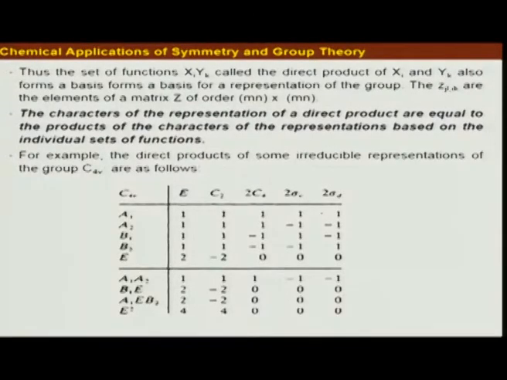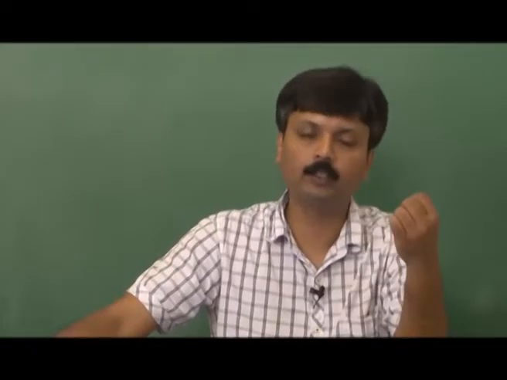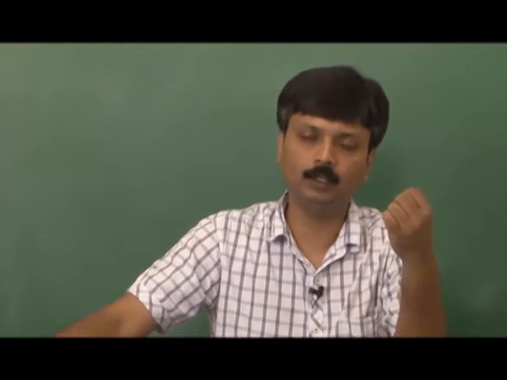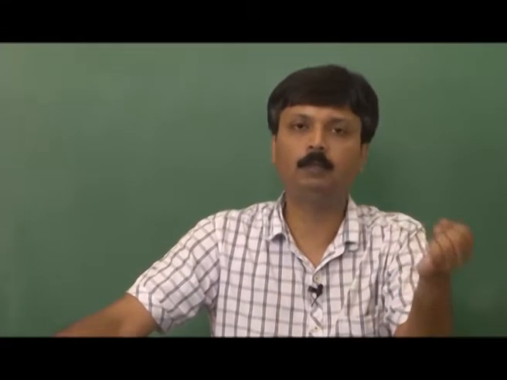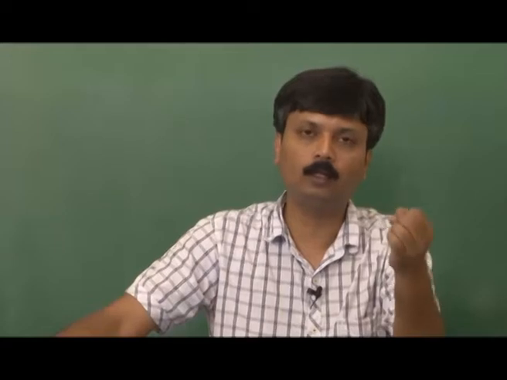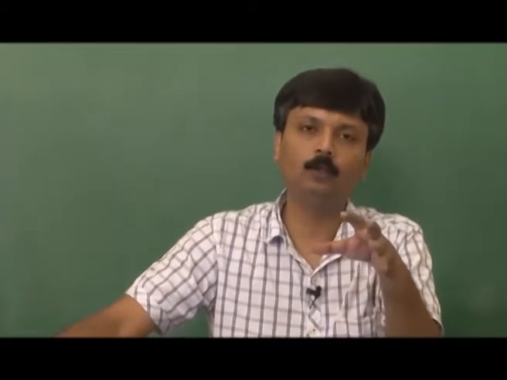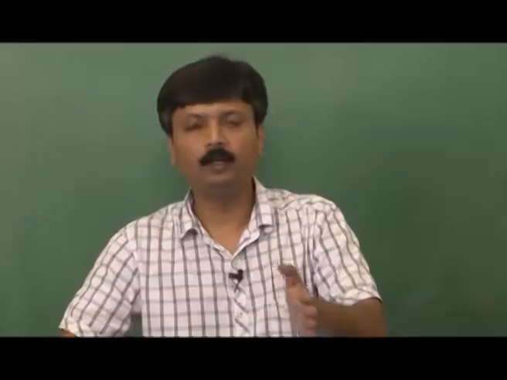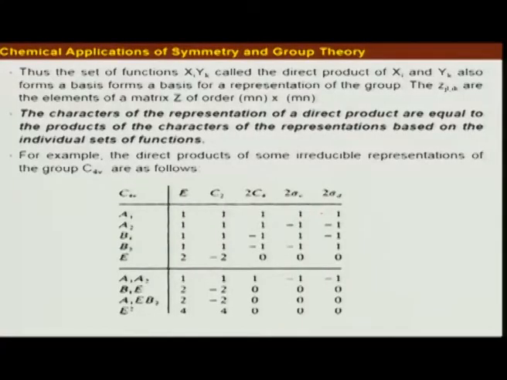It is very similar to the example we gave in the last class, where you had a wave function which acts as an eigenfunction. When you operate a symmetry operation on that, you get R psi i, and that also acts as an eigenfunction. So this is just an analogy. You have the individual basis functions xi and yk.